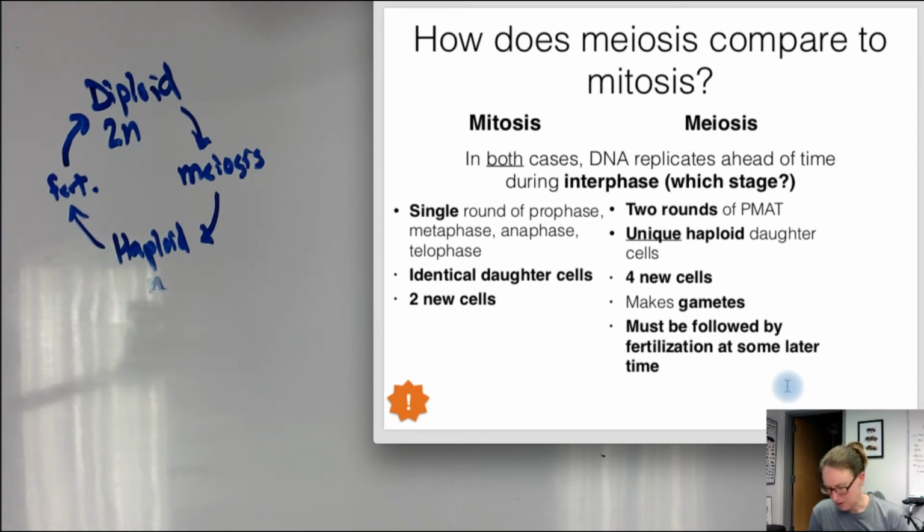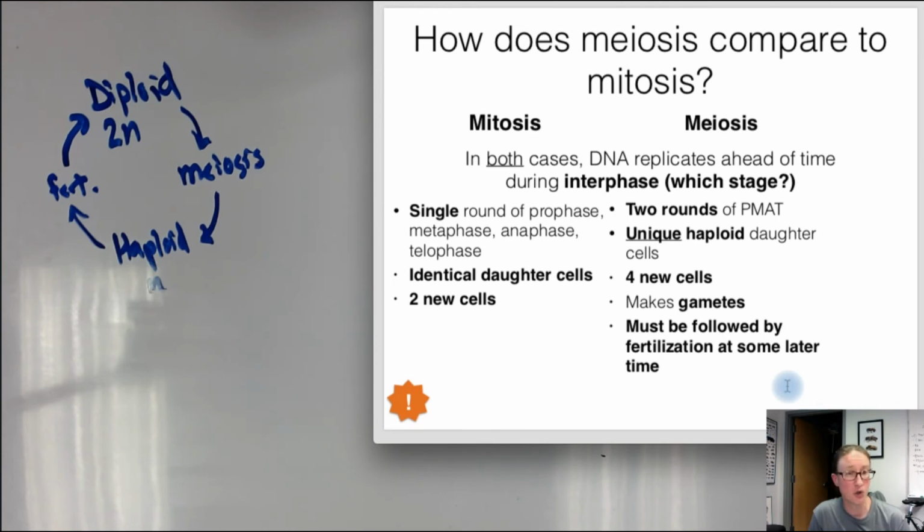So here's a little diagram for this. On the left I've got mitosis as a bit of review. For mitosis there's just one round of prophase, metaphase, anaphase, and telophase. Hopefully you're envisioning everything that happens during those phases as I say those words. At the end we wind up with two identical daughter cells.